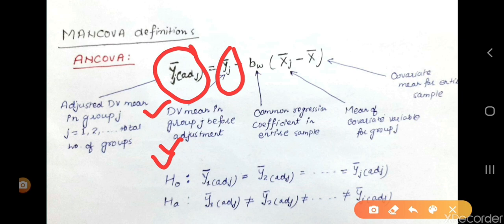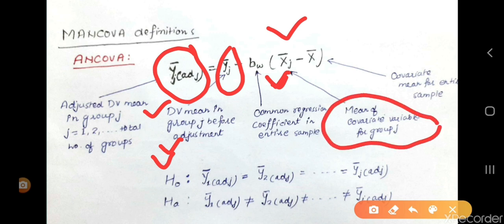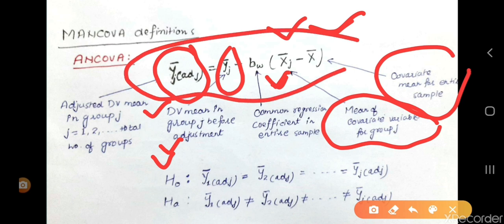Okay, bw is the regression coefficient. Xj bar is the mean of the covariate in group j, and X bar is the covariate mean of the entire sample. Okay, so this is the model equation for ANCOVA which we have already seen.